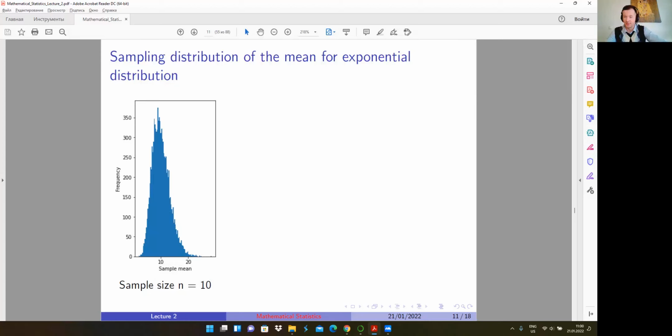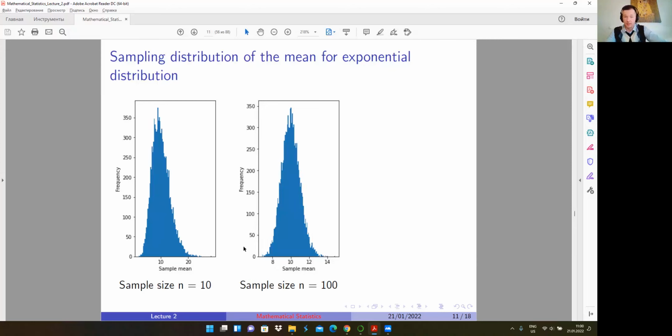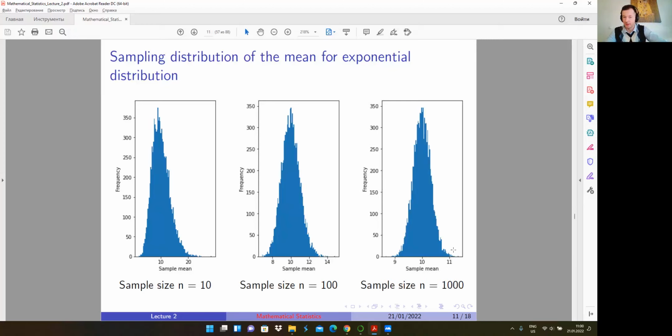This is right skewed, yeah, the tail is skewed to the right. When the sample size increases, the skewness somehow disappears, and here it becomes symmetric.